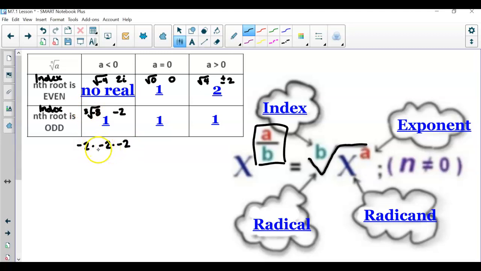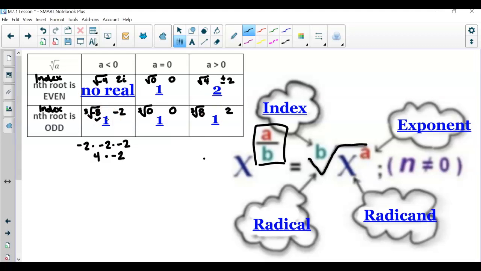Negative 2 times negative 2 is positive 4, yes, but 4 times negative 2 is negative 8. So there is actually now a solution when the index is odd. Then same thing again, if I have the cubed root of 0, well, it's still just 0. And if I have the cubed root of 8, then the cubed root of 8 is actually only going to be one solution, which is 2. So that's the reason why.